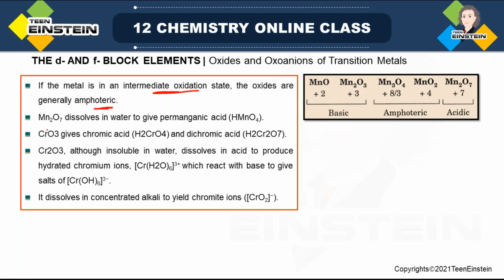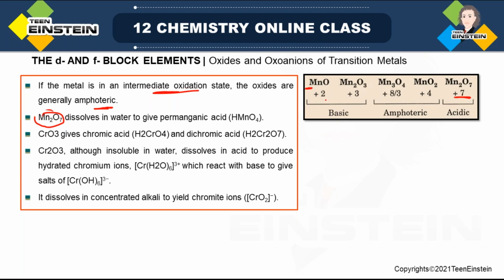Now for manganese, one of the oxides is Mn2O7. In Mn2O7, the oxidation state is +7. We know that manganese can have different oxidation states, and here we have 5 examples.